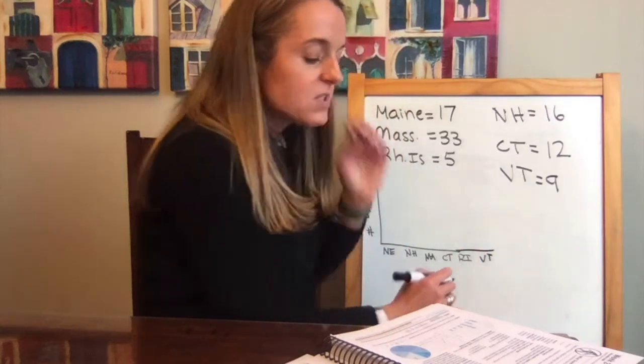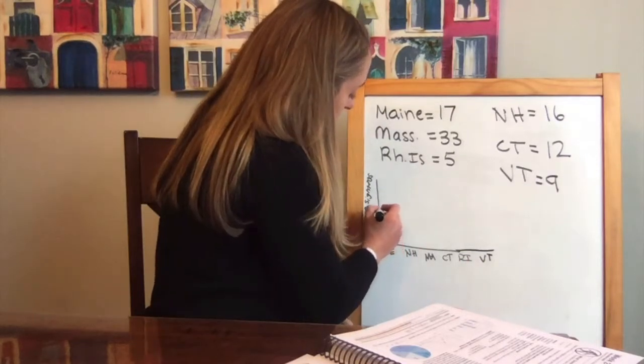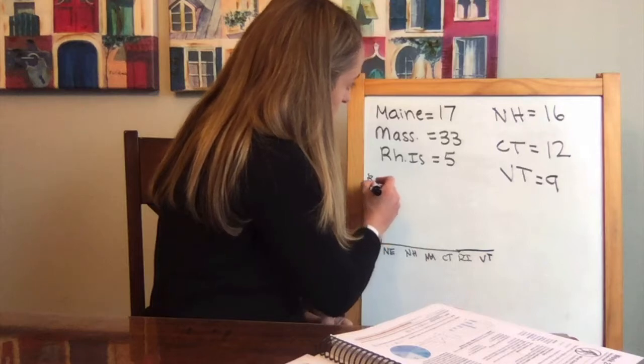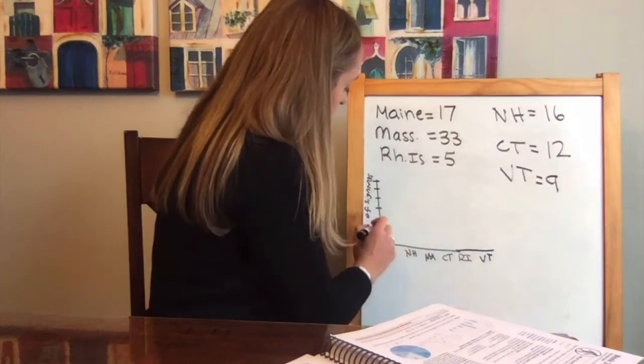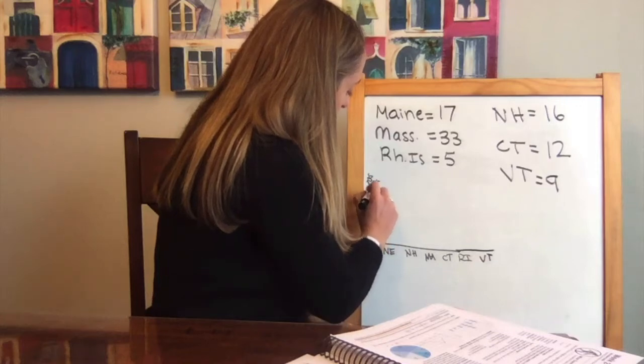Okay, and now I'm just going to make a bar. Wait, first I'm going to go 10, 20, 30, 40, 50, 60. I don't need to go any higher than that.